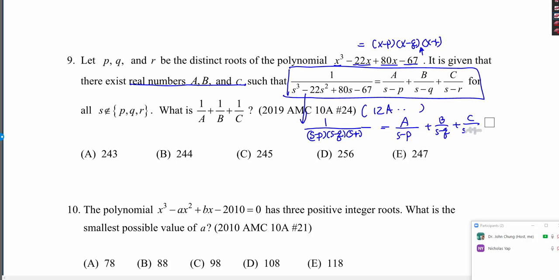We need to get the value of A, the value of B, the value of C. But in this case, what is the value of 1 over A plus 1 over B plus 1 over C? How can you start this one?